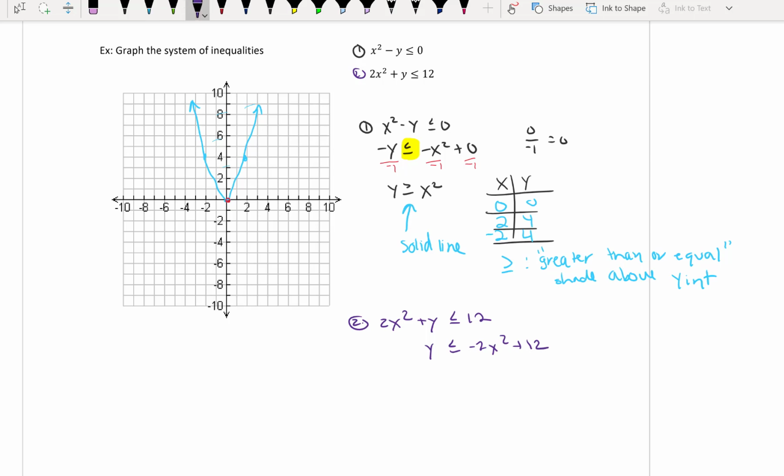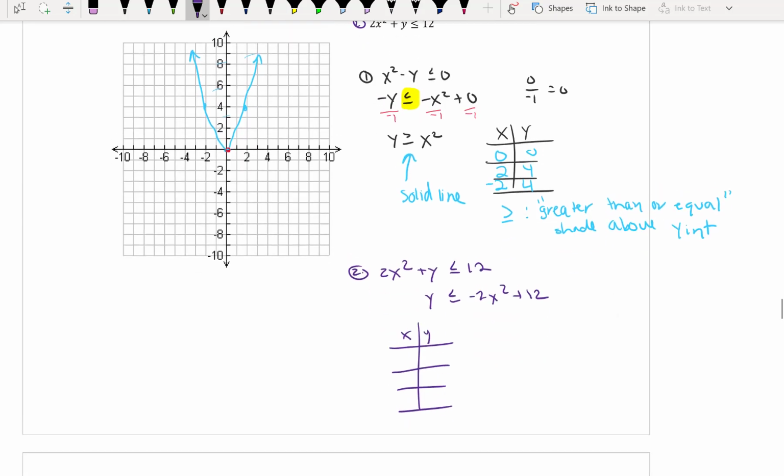So for the second equation, I'm going to plug in some values so that I know what to graph here. Let's see. If I plug in 0 for x, that'll give me (0, 12). If I plug in a 1, that gives me a positive 10.